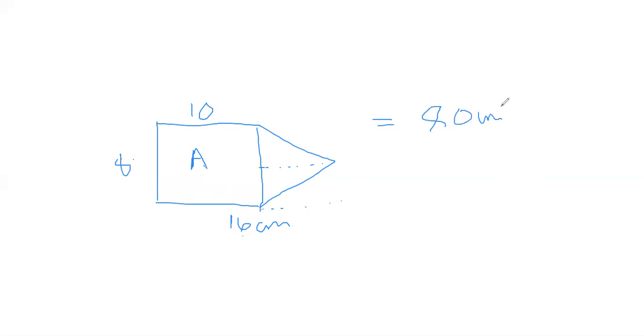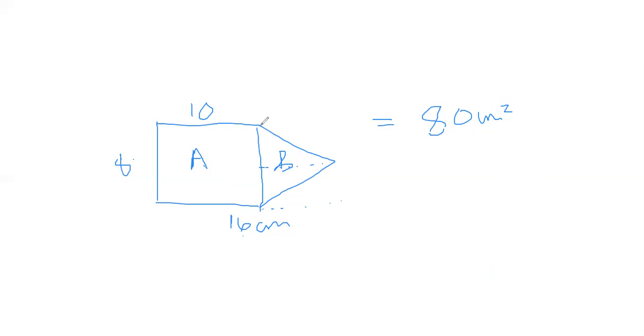Okay, shape B is this one. The area of shape B is base times height divided by 2, or half of the base multiplied by the height. But do we know the height? We don't know it yet, but we know that from here to there it's 10 centimeters, and from there to there is 16. So that's where the height ends, isn't it?